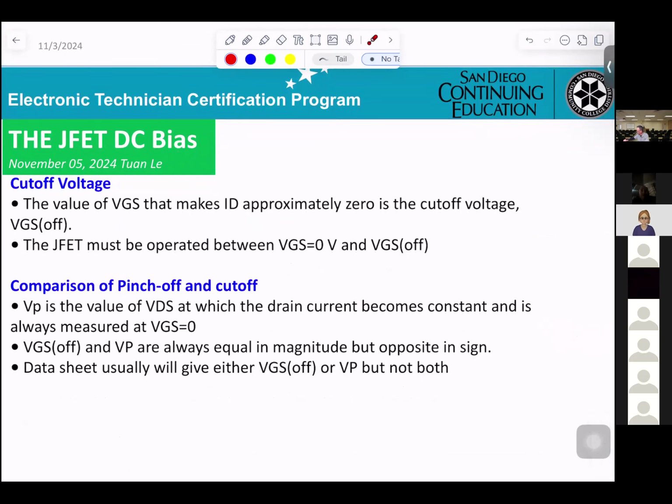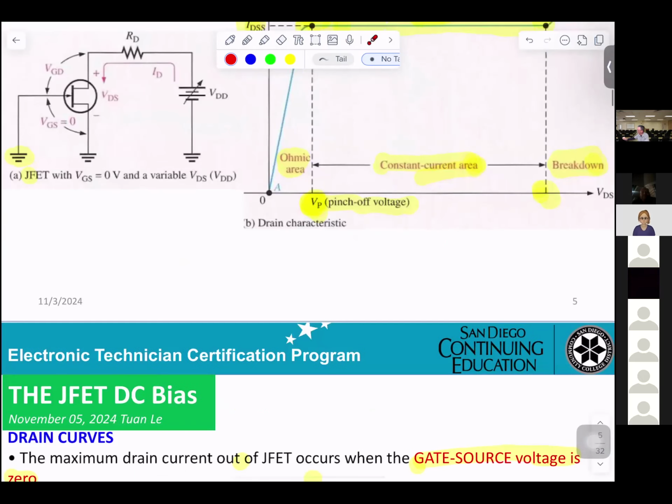VGS off and VP are always equal in magnitude but opposite in sign. At this point, VP and VGS off are the same magnitude, however they have to be opposite. If VP is positive, VGS off will be negative, and if VGS off is positive, VP has to be negative.